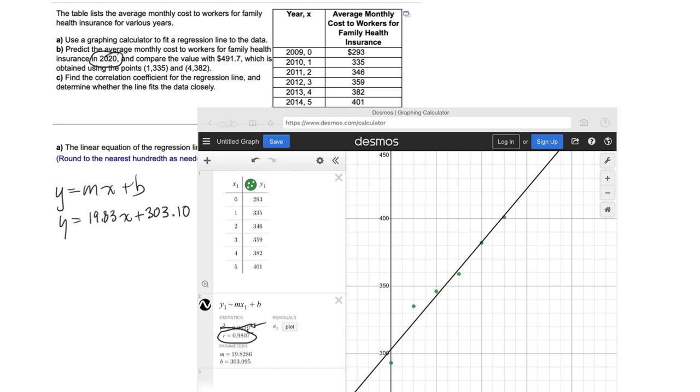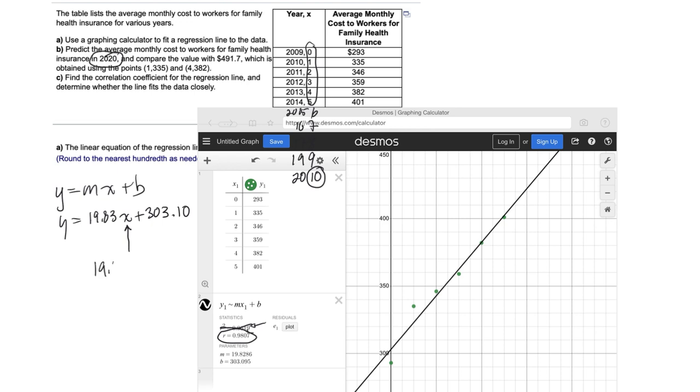So I need to figure out what number here corresponds with 2020. So if I go 2015 that'll be 5, 2016 will be 6, 2017 will be 7, 2018 will be 8, 2019 will be 9, 2020 will be 10. Oh, that's what they want. So if you want, you can plug a 10 in right there.